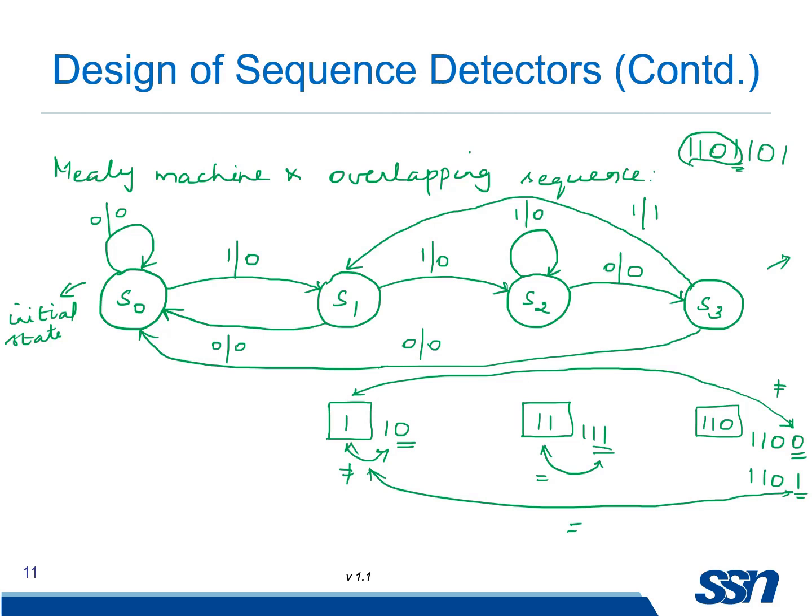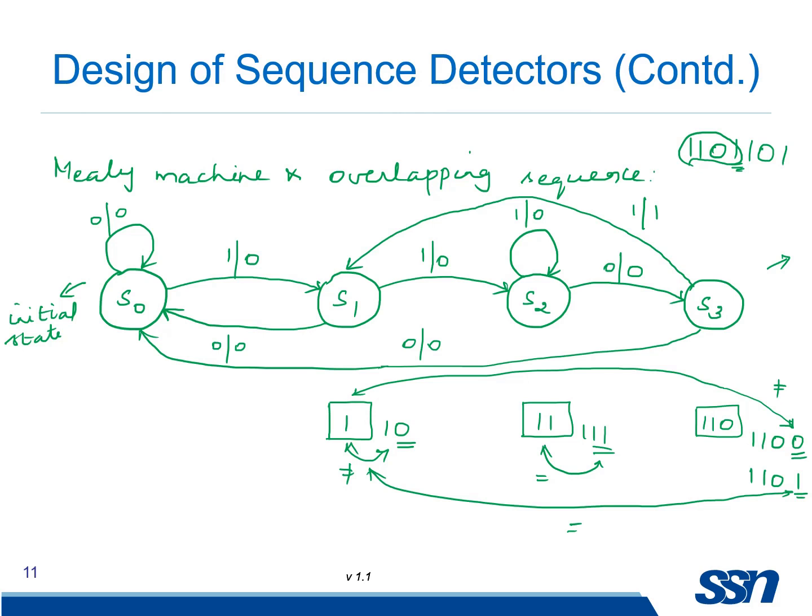For example, let us receive this sequence itself. Initially I get the value of 1, so I move to state S1. Again I receive a 1, I move to state S2. Then I receive a 0, I move to state S3. Then a 1, so I go to this S1.